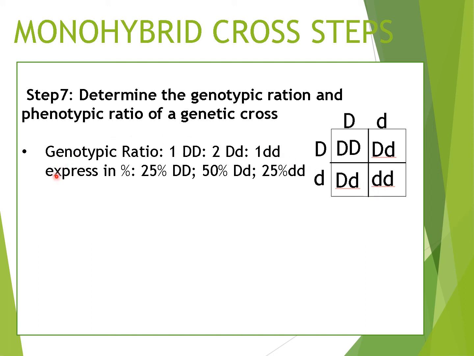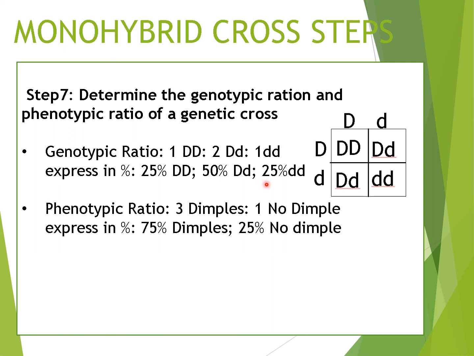It can also be expressed in terms of percentage, but always take into consideration that each box is equivalent to 25%. Therefore, we have 25% homozygous dominant genotype to 50% heterozygous genotype to 25% homozygous recessive genotype.